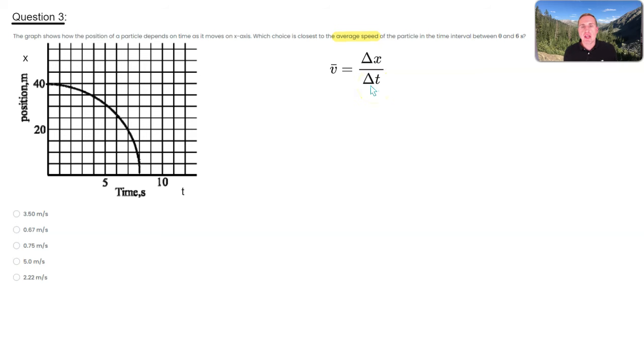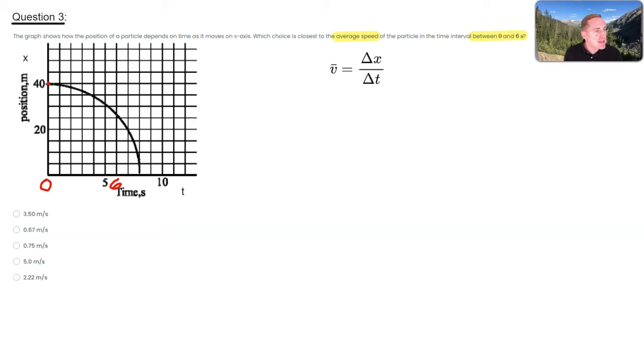Now the question is, what interval do we do this over? Well, I think we're told it's between 0 and 6 seconds that we perform this change. So the 0 to 6 seconds, I think, should go from the left-hand end of this graph, that's over here at 0, to this point right here, because we have a grid. So 1, 2, 3, 4, 5, that's about 6 seconds right there. So what we should do is locate those 2 points.